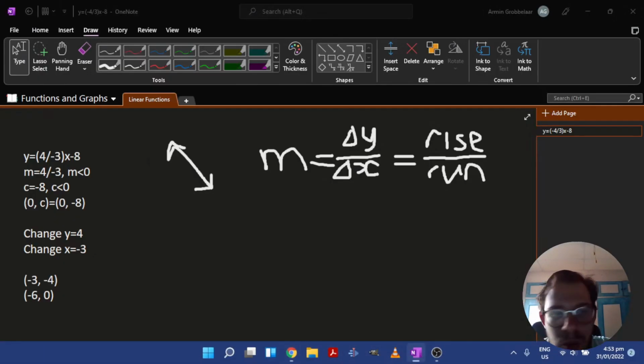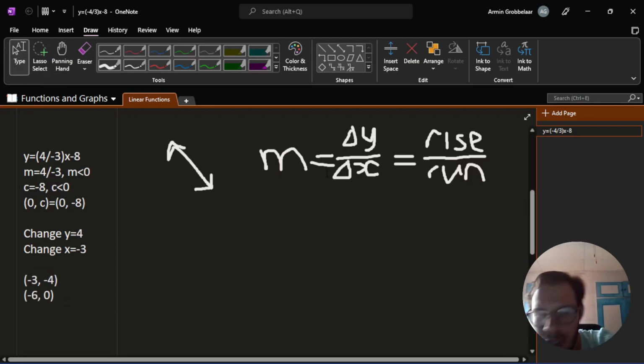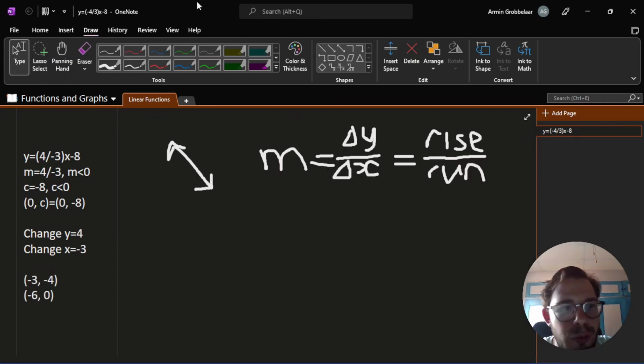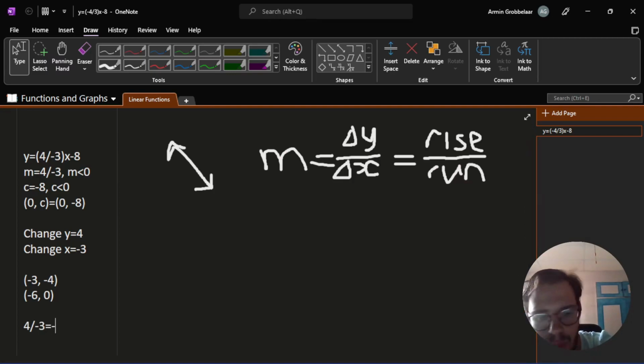So now for the second way. So as you can see, m is equal to 4 divided by minus 3, but 4 divided by minus 3 is equal to minus 4 divided by 3.